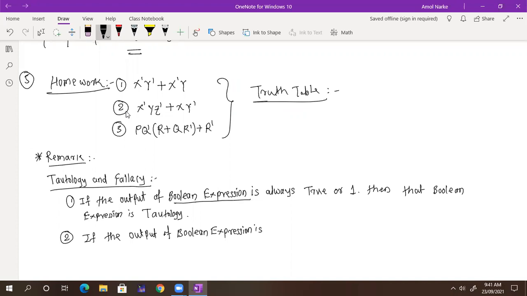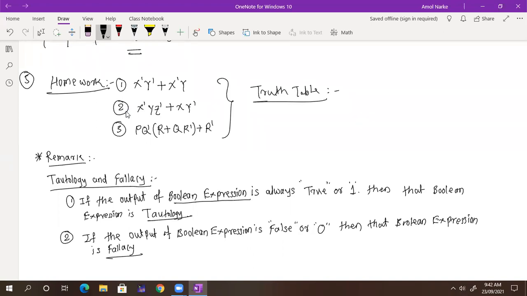False, or in terms of number it is 0, then that statement is called what? Then that Boolean expression is false.